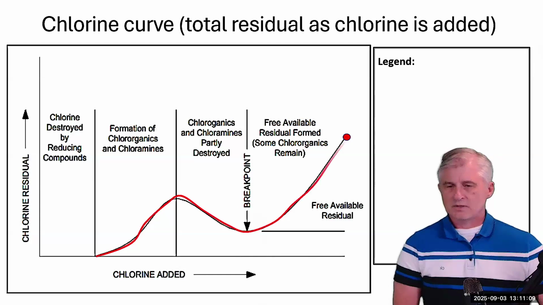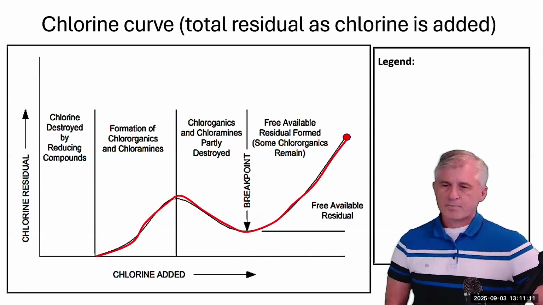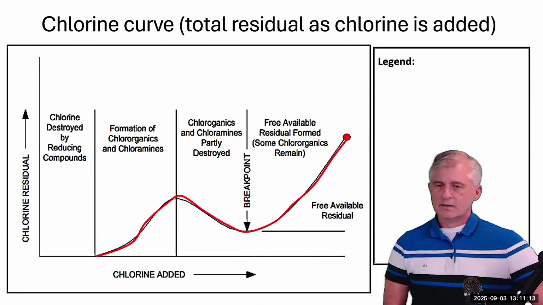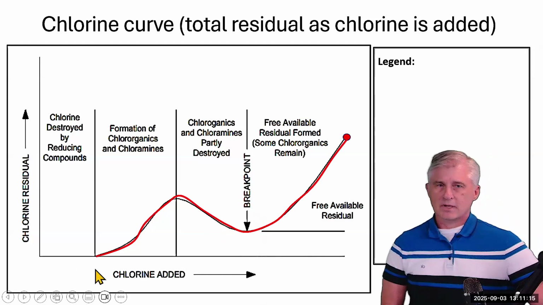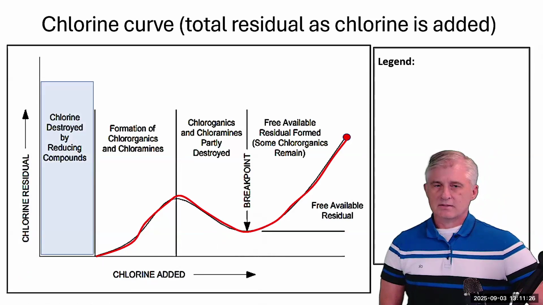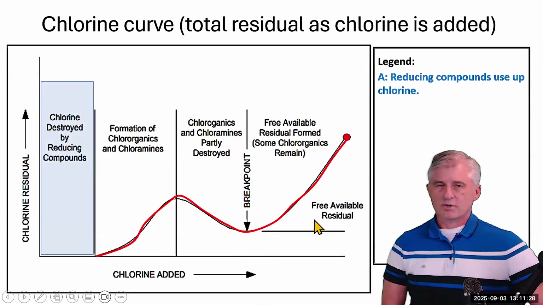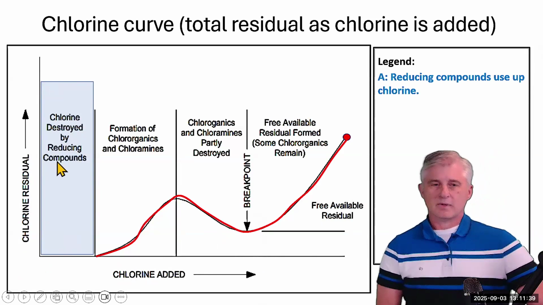So as we go through this, we note that as we add chlorine, across the bottom here, it has an effect on the chlorine residual. We start off, and initially, as we add chlorine, we're not getting any residual at all, because it's destroyed by reducing compounds.